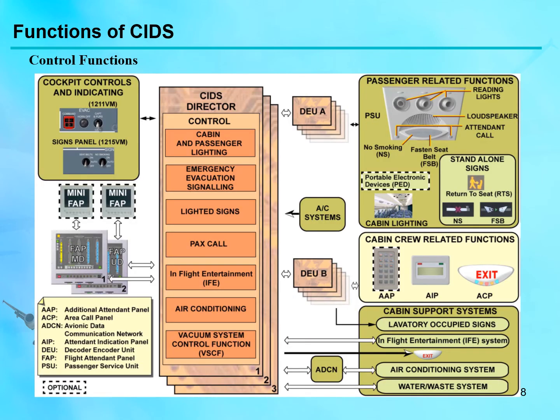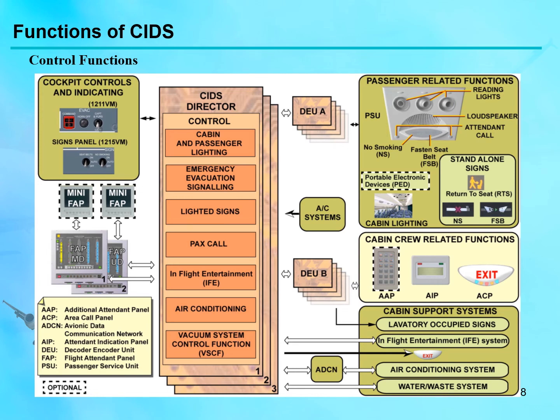So under the control functions, under the cockpit control indication function, the pilot switches on and off whatever controls there, it will go into the director, right?